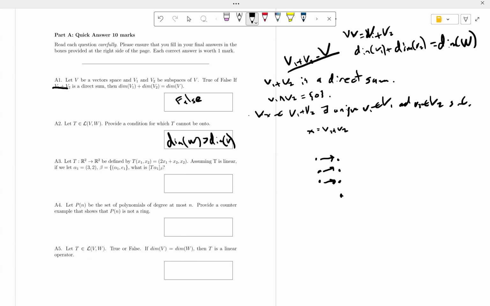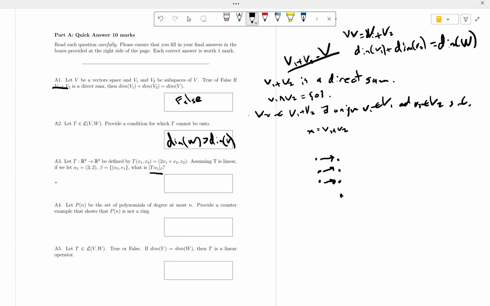Now, let's look at question 3. In question 3, we are given a linear transformation T and we are given a basis alpha and basis beta. We're asked to compute the matrix of T from alpha to beta.